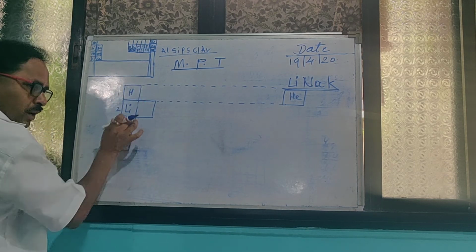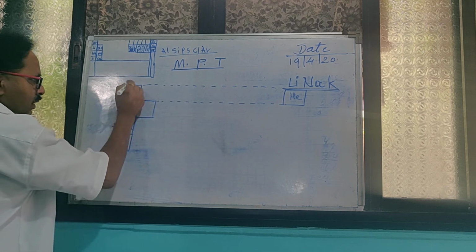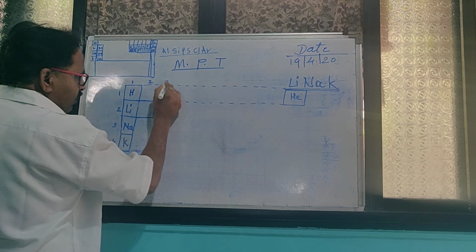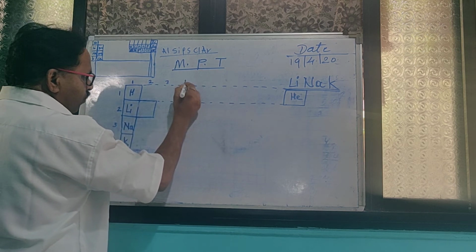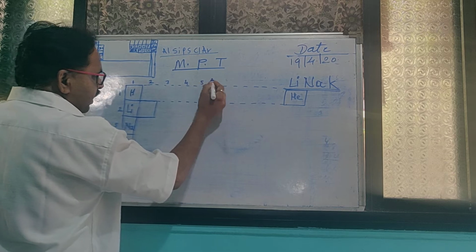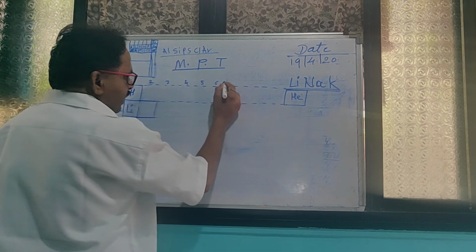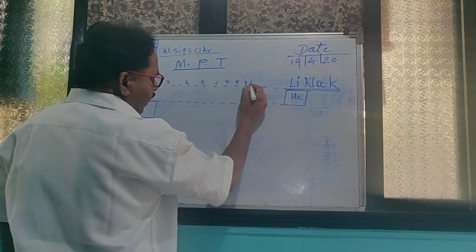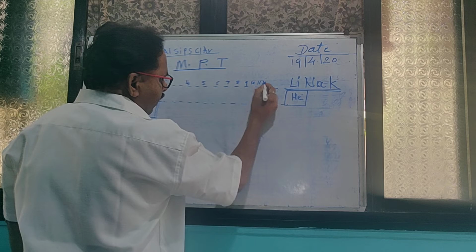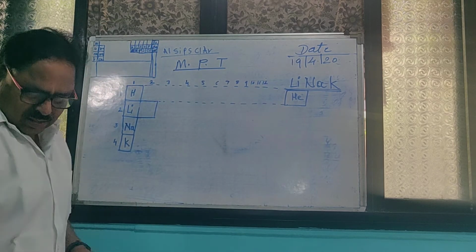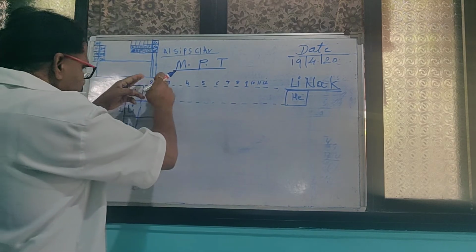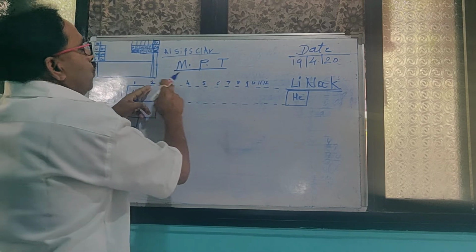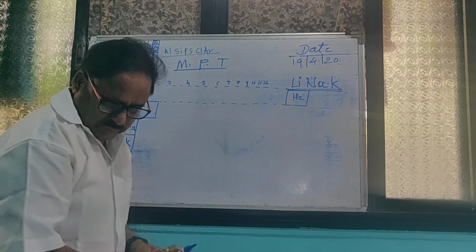If you start the numbering 1, 2, 3, 4, 5, 6, 7, 8, 9, 10, 11, 12, there are no further elements from 2 to 12 in the groups.